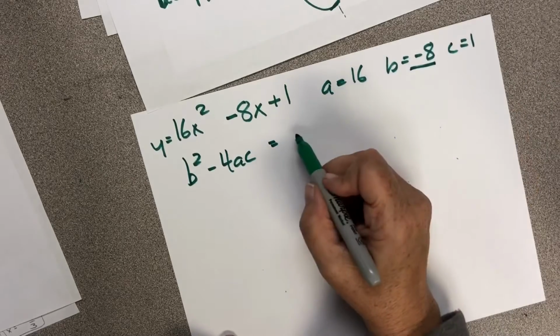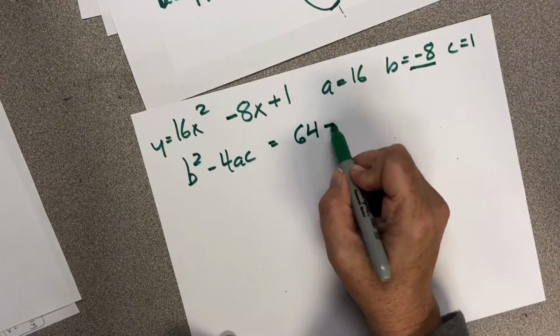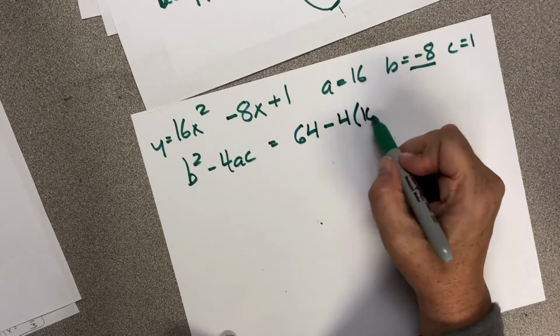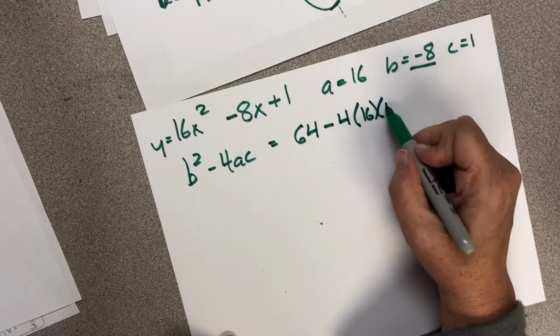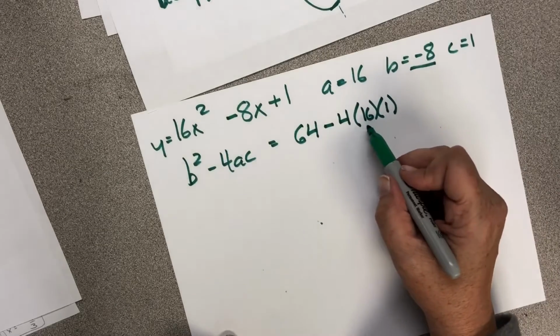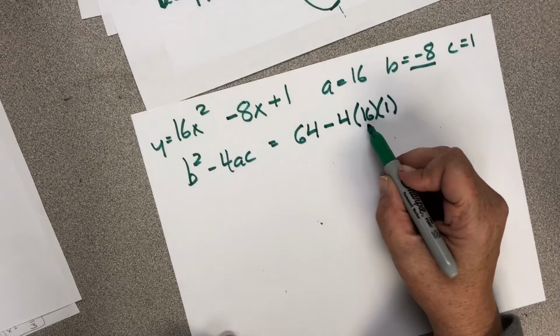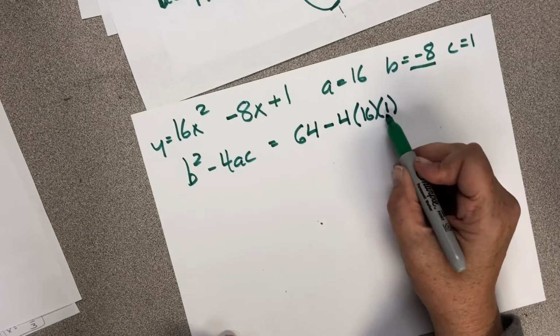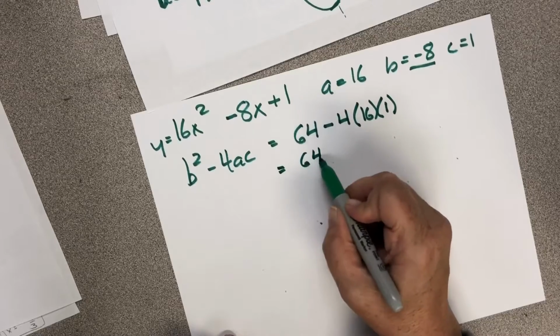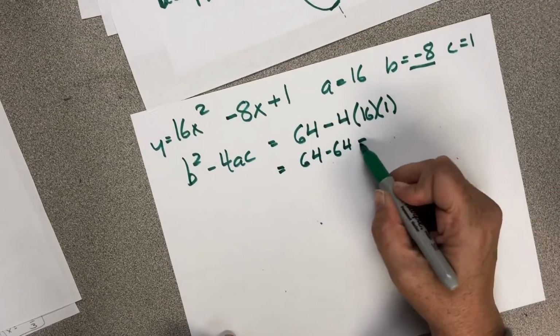B squared, -8 times -8 is 64, minus 4. A is 16, C is 1. -4 times positive 16 is -64, times positive 1 is -64. 64 minus 64 equals 0.